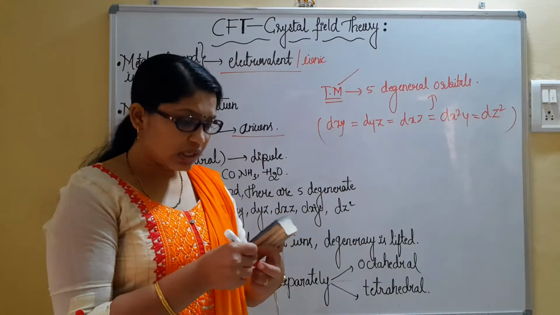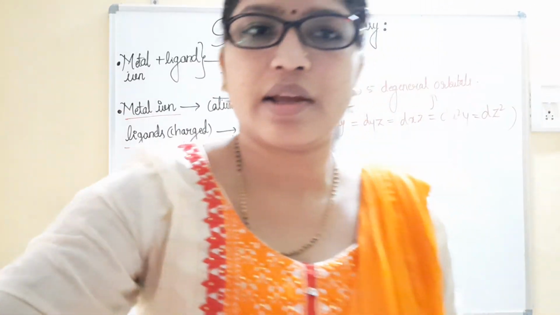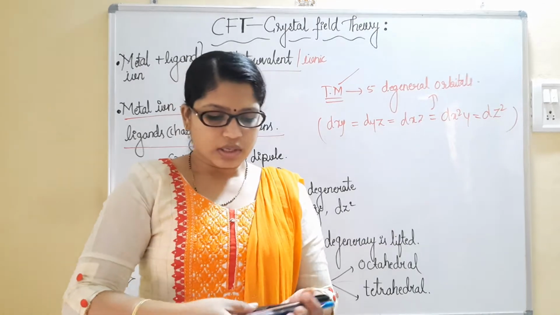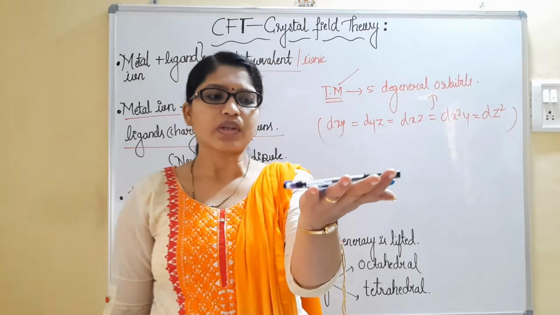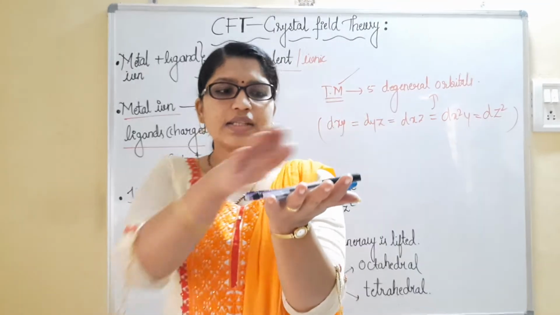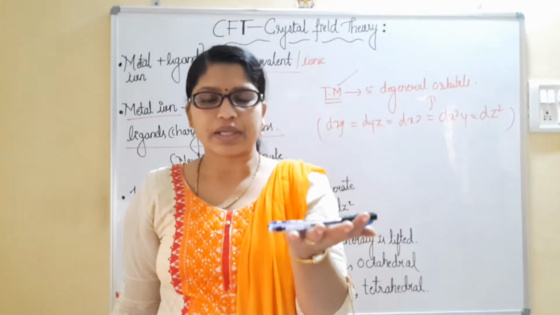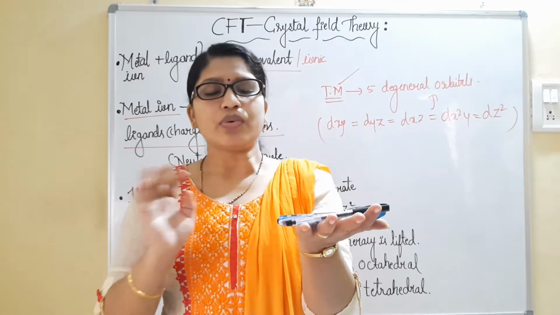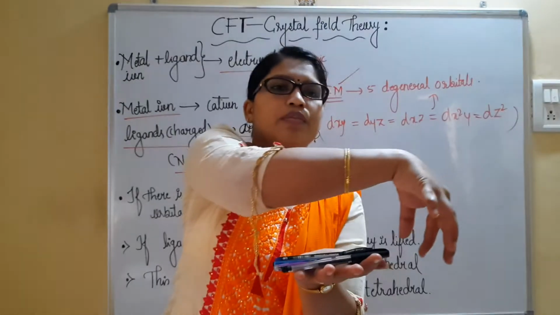What do you mean by degeneracy is lifted? So I will show you in detail. I have 5 pens here. These are 5 pens I have with me. Now I am keeping these in my palm. Say these are the 5 d orbitals of the transition metal in the absence of ligands. Now imagine some ligands are approaching from this side.